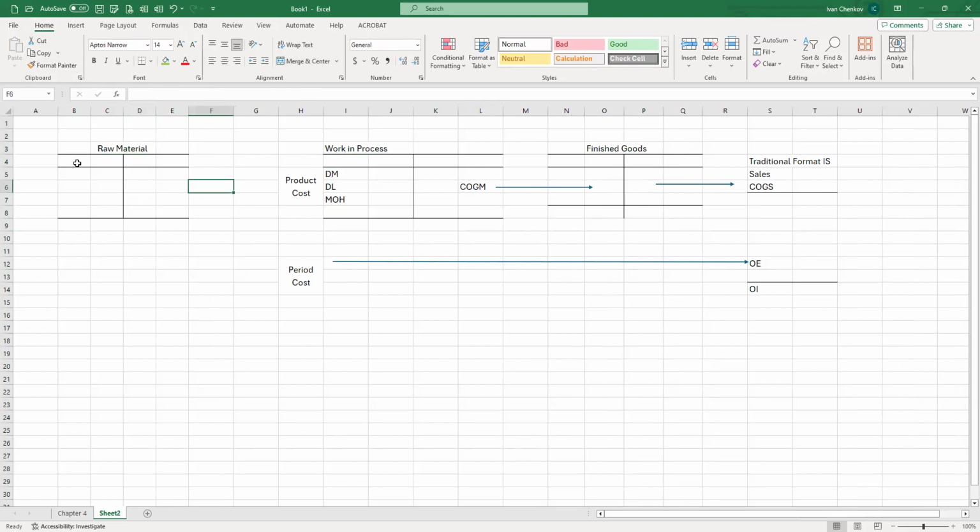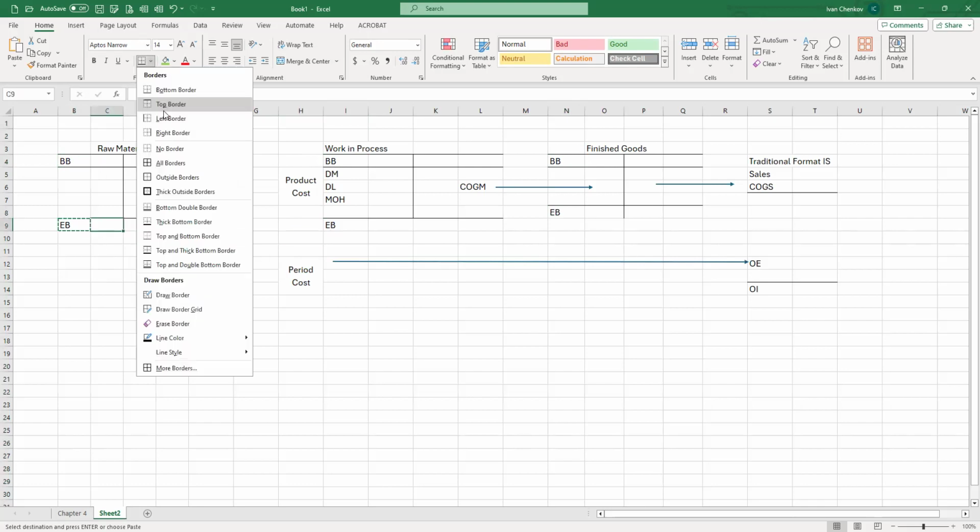We're going to have our beginning balance, ending balance, and we did our accounting here just like that. That's how fast we can do accounting now.